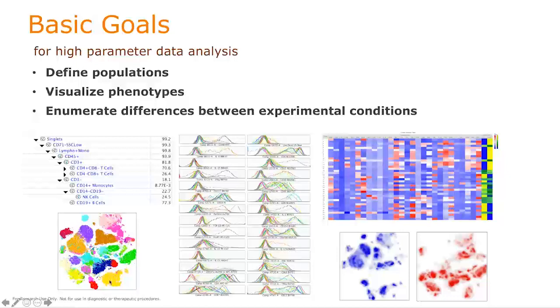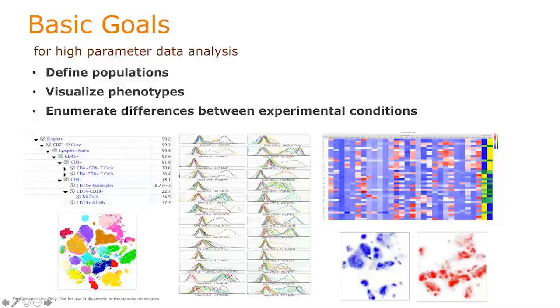You can overlay the clusters into a 2-dimensional embedding in lower dimensions. So these are T-SNE plots here that I'm showing. Or you can actually enumerate the median fluorescence intensities of each of the channels in your panel across all of the clusters to get a phenotypic expression pattern.